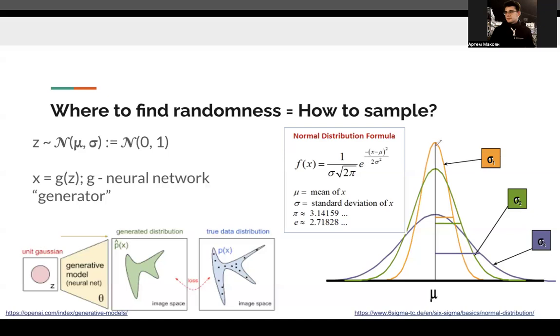And let's take a look at the graphics. We can see different graphics for different sigmas. Yeah, and this is the density function, and we see that sigma controls the wideness of the graphics.